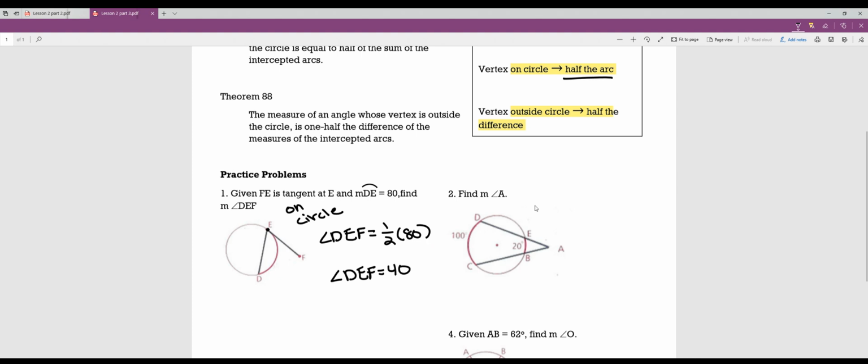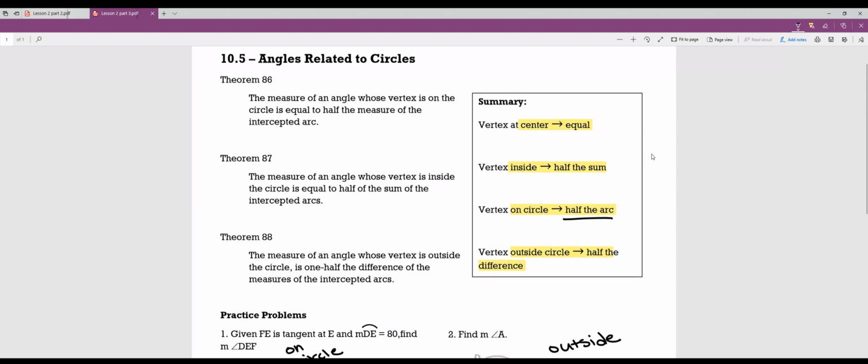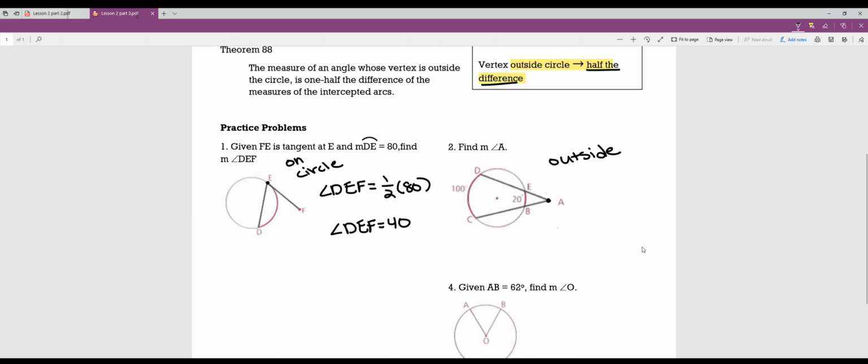All right, looking at number 2, I want to find the measure of angle A. Well, A's vertex, where is it? It is outside the circle. So if we look at our summary box here, when the vertex is outside the circle, it is half the difference of the two arcs it intercepts. And if we look at this diagram we're given for number 2, it shows the measure of the two arcs it intercepts.